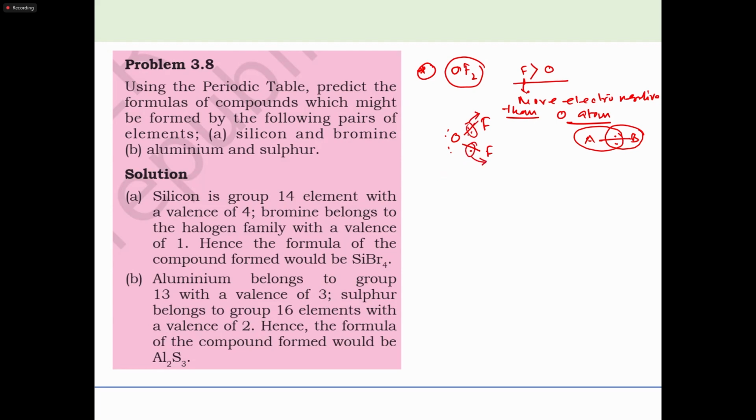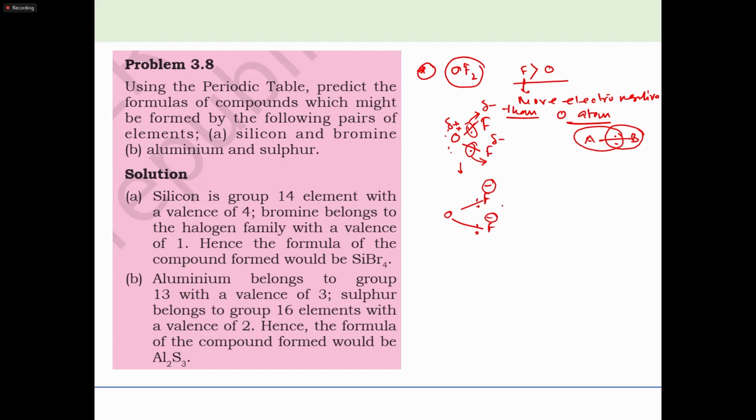So somewhere a delta negative and a delta positive charge will be created, because the bonding electrons are not here. So here the negative charge is created. Why am I putting the negative charge? Because of these two electrons, one electron is coming from the oxygen and another is coming from the fluorine.